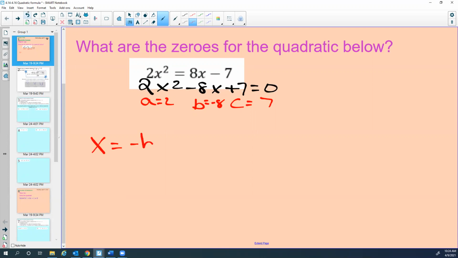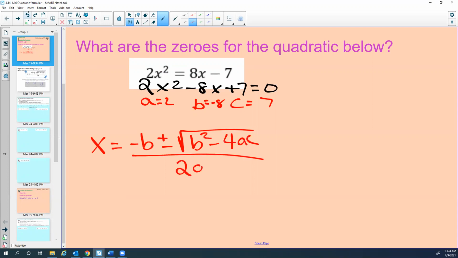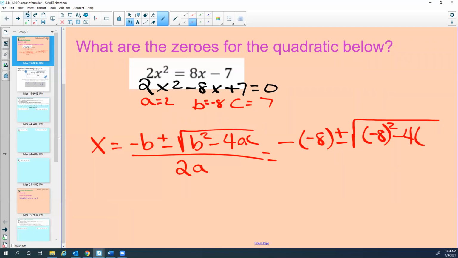X equals negative b plus minus the square root of b squared minus 4ac all over 2a. So for us, it's going to be negative b plus minus the square root of b squared minus 4ac all over 2 times a.